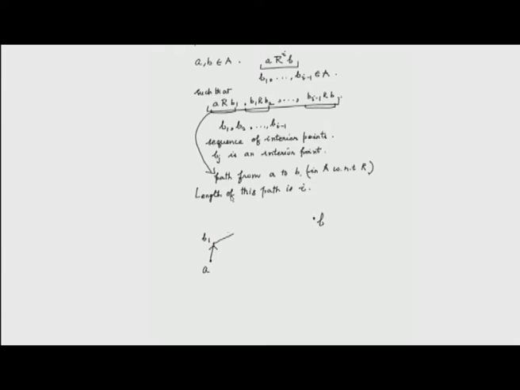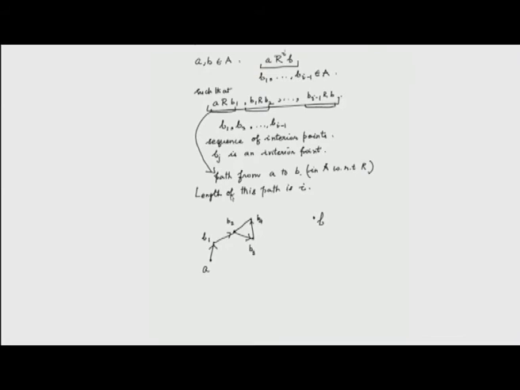Then we again have something else B 2, then B 3, then let us say B 4, but this is what I am coming to, that these interior points need not be distinct.